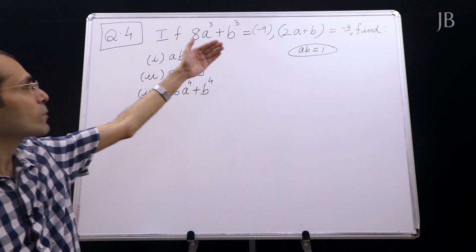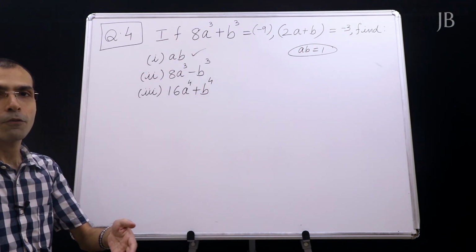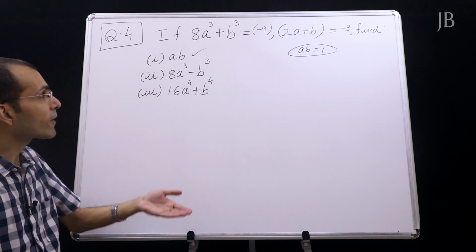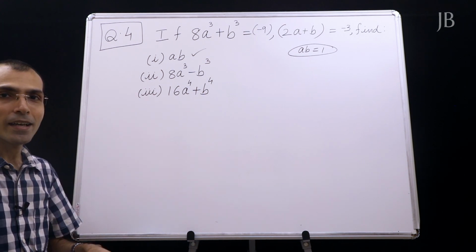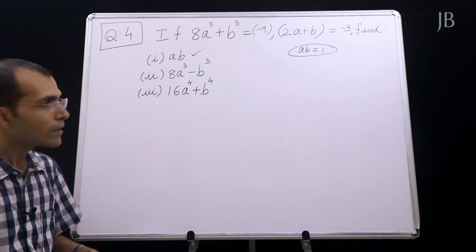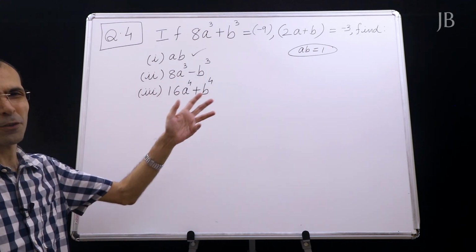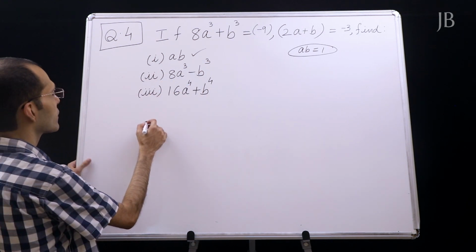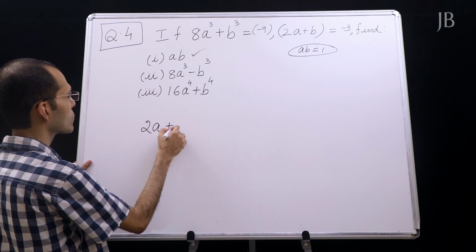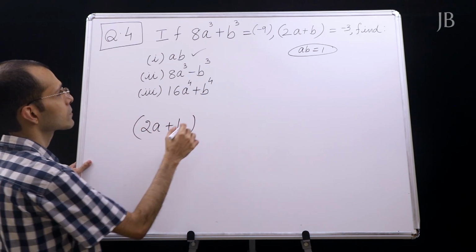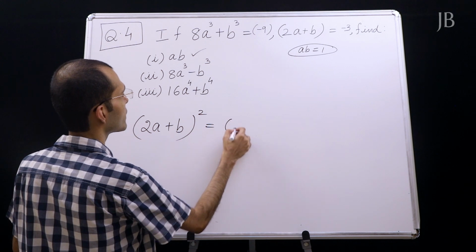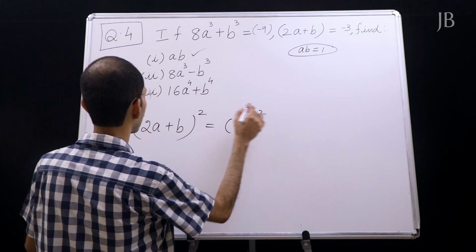We will get the value of 4a square plus b square. From there we will find 2a minus b, and once we find that, we can find this by routine formula. So now let us first do it like this. 2a plus b the whole square is minus 3 the whole square.